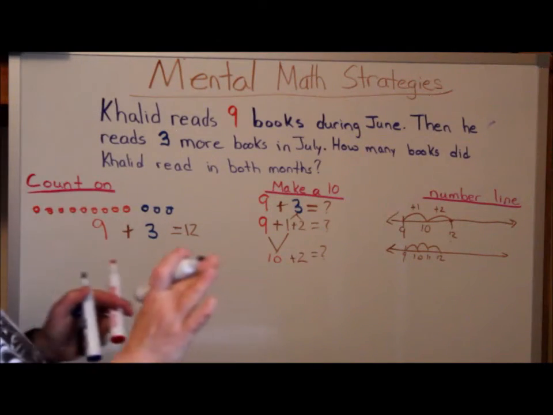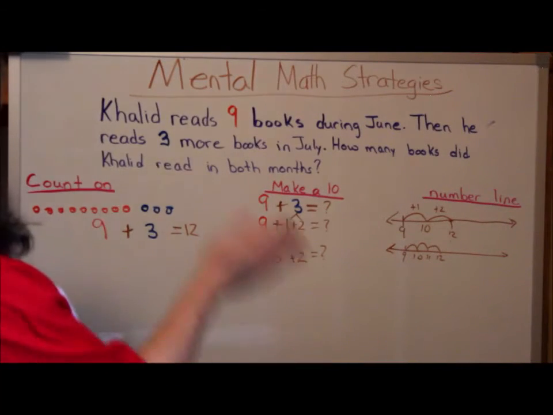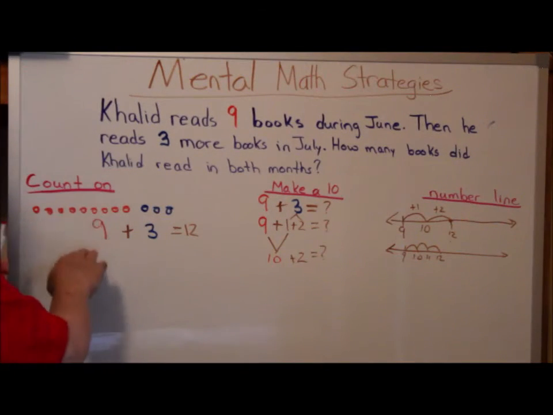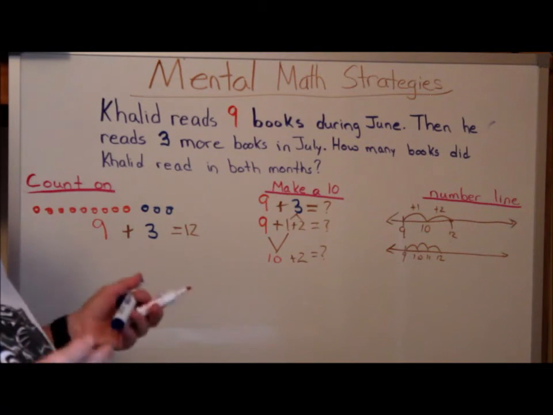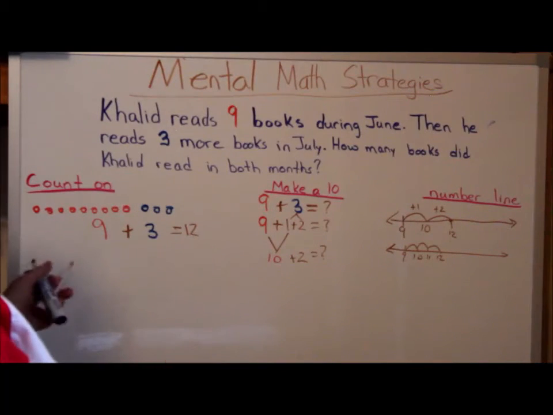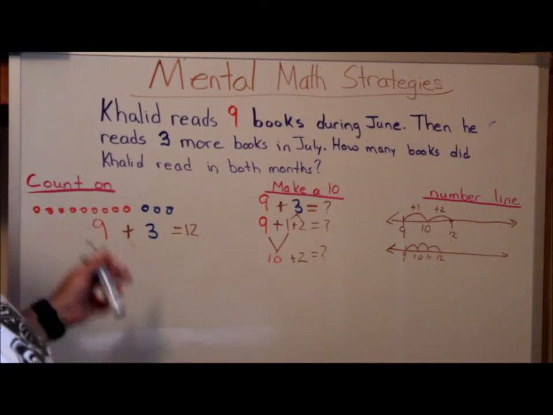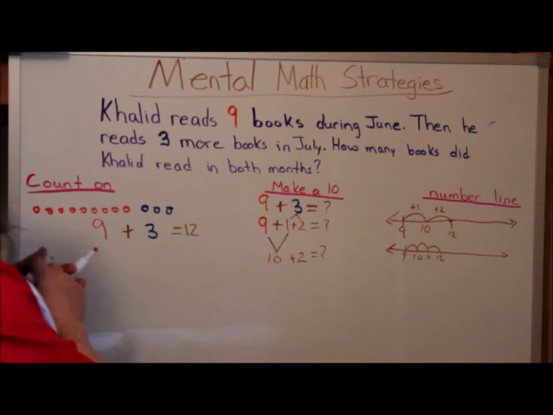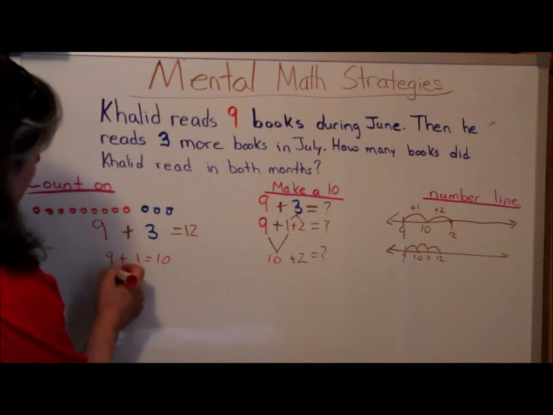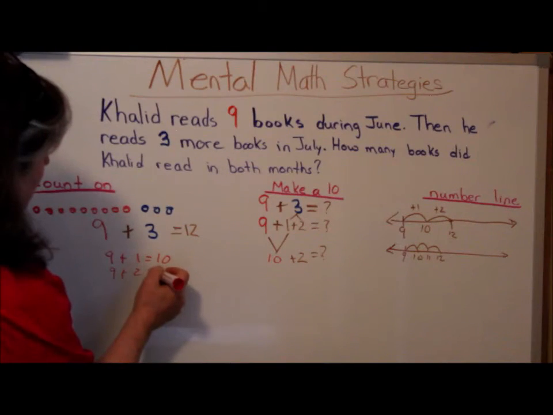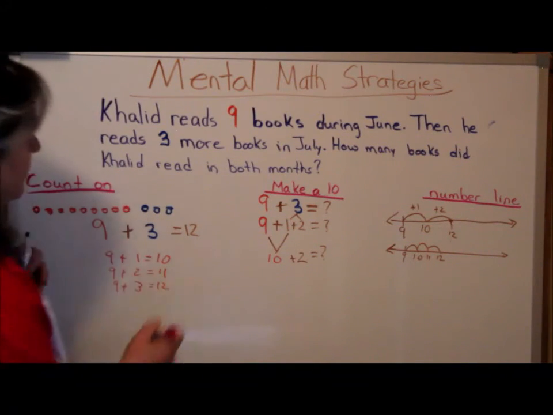All right, so those are 3 different ways, and I know that that wasn't all mental math. I know that we did it on the board. So now let's just come back. So when we count on, mental math in our head says, all right, if I have 9 and 3 more, how much is 9 plus 3? Or I could say 9 plus 1 is 10, plus 1 more is 11, plus 1 more is 12. I could say 9 plus 1 equals 10, 9 plus 2 equals 11, and then 9 plus 3 equals 12.